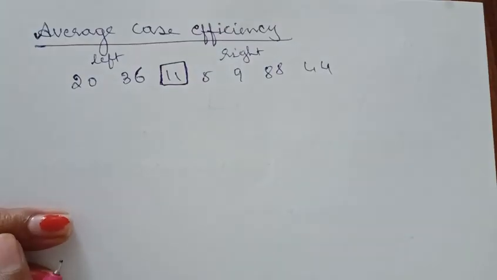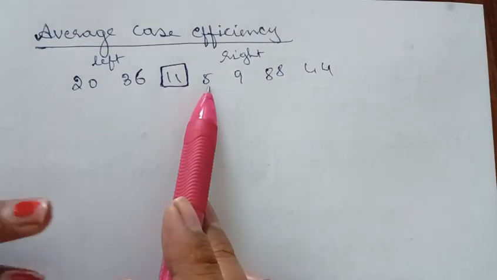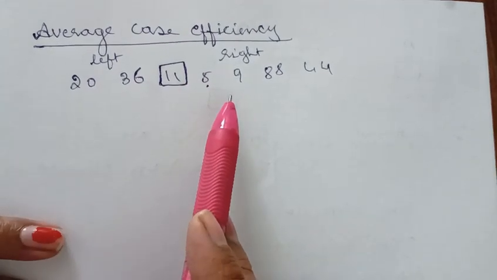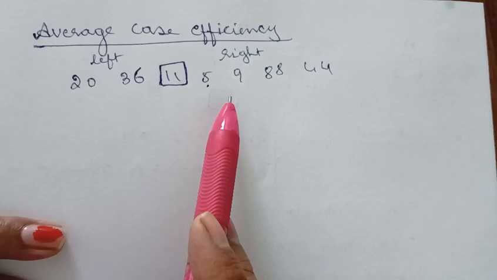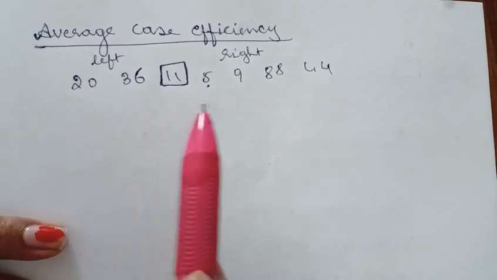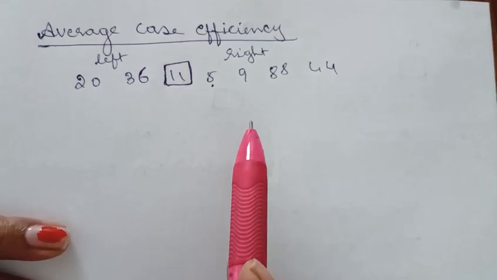In best case efficiency, you have seen exactly at the middle the pivot element is divided, then both the arrays will have an equal number of elements. In worst case efficiency, any one part of the array, all the elements will be missing. Either left or right, the elements will be 0.